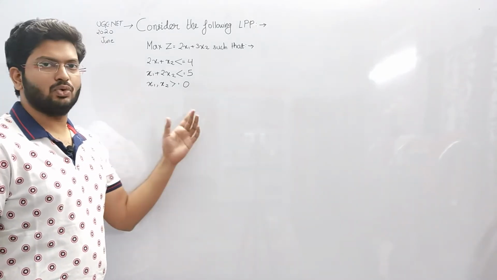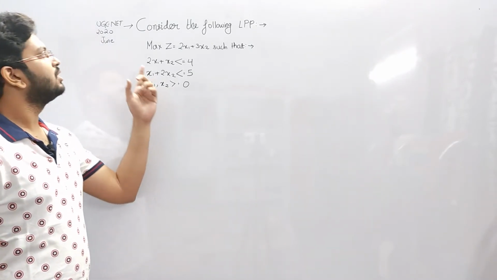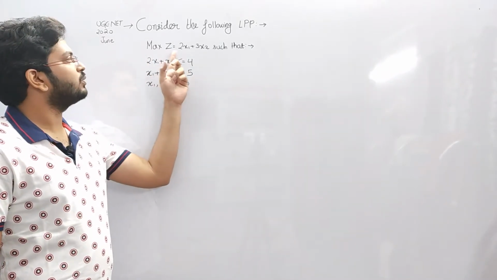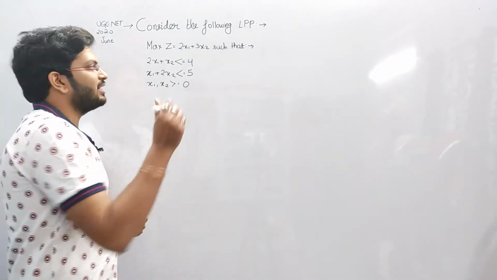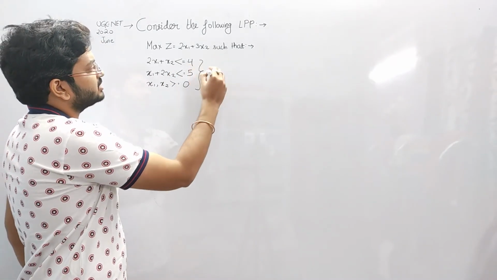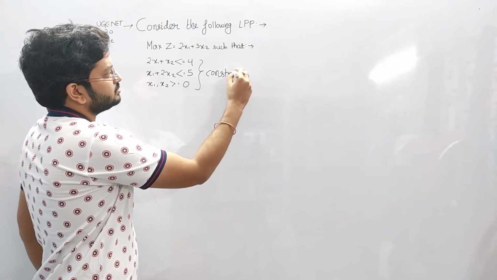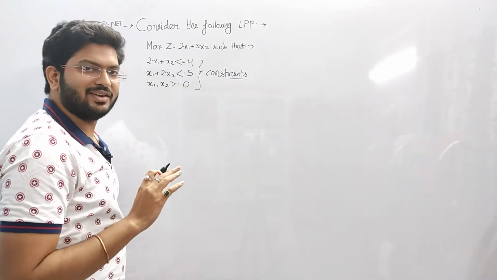Here the 2 variables are x1 and x2. Maximize z equal to 2x1 plus 3x2, and these are the constraints which will be specified in the question.